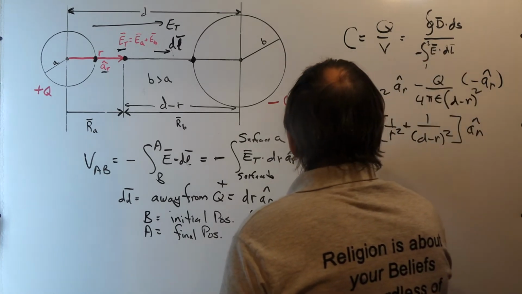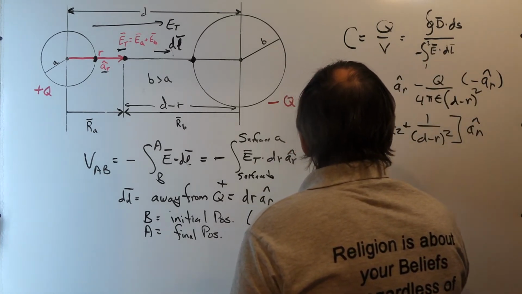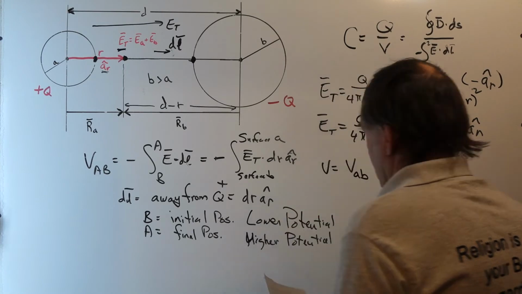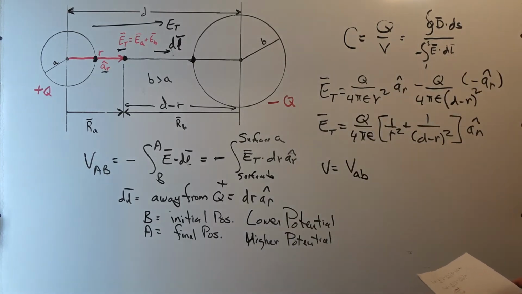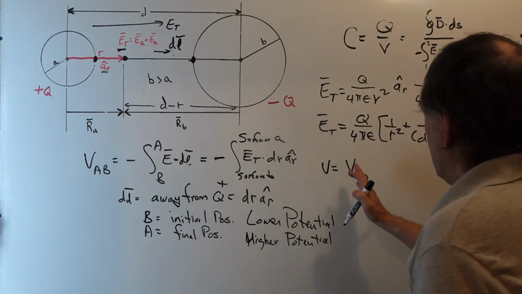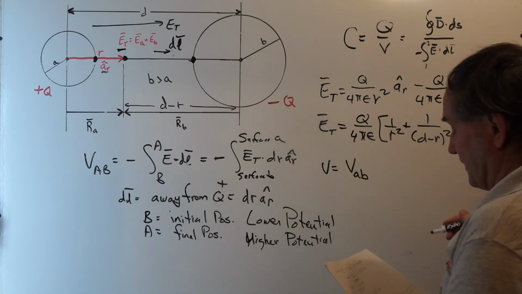We define the voltage from B to A, or VA minus VB, the higher potential minus the lower potential.